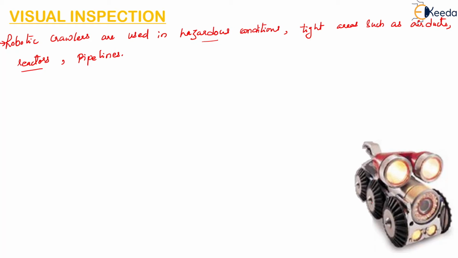The crawler will capture clear video, and it has a zoom also. If you want to zoom in, you can control the crawler from outside and check for any flaws present in the component. This way new developments have been made for visual inspection.